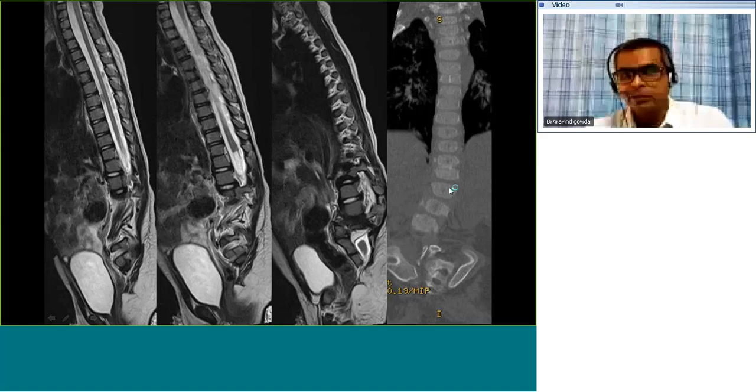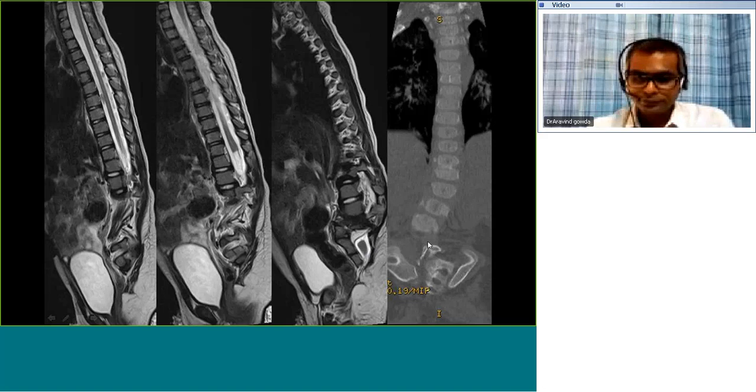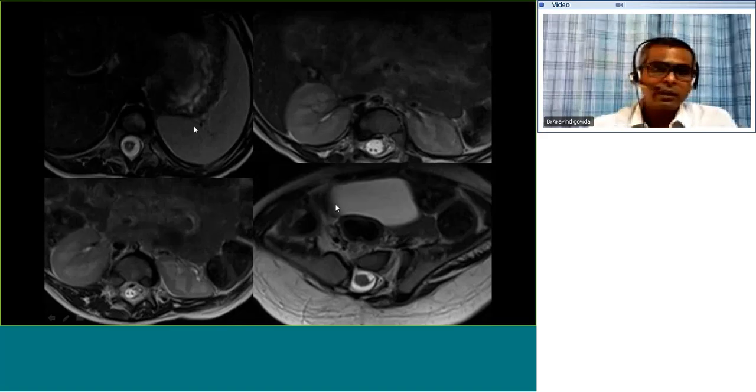This is the corresponding CT scan image of the same child. You can see the intervening vertebral bodies are absent, and there is a kyphoscoliotic deformity of the spinal canal.